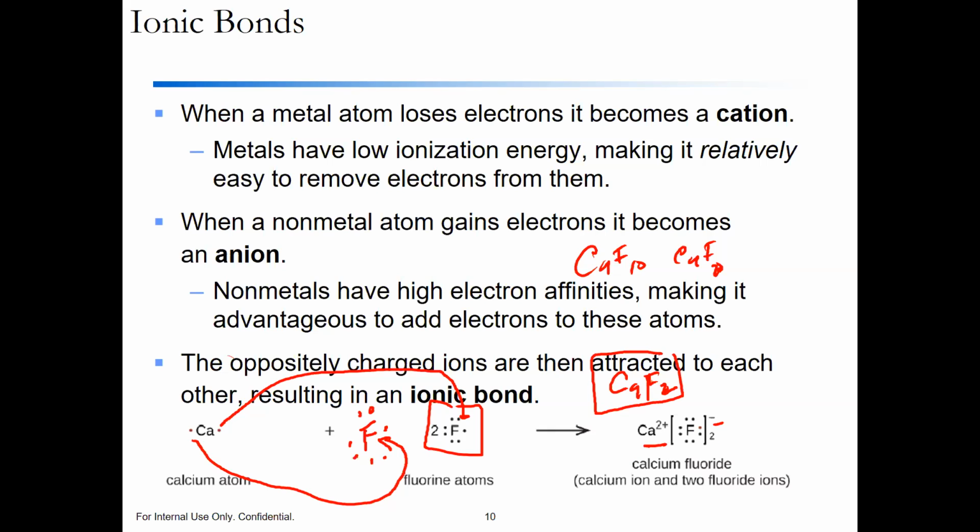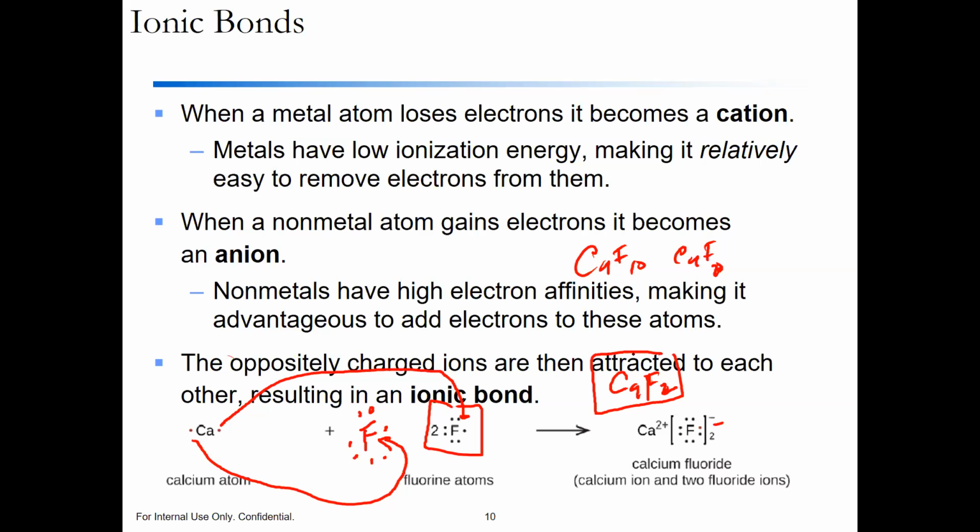It's because fluorine wants to gain 1 more electron. Why? Because it wants to look like a noble gas in terms of 8 valence electrons. Calcium, same thing. Instead of gaining electrons, it's going to have to lose electrons. How many electrons does it have to lose to become like a noble gas? It has to lose 2. So when you put calcium and fluorine together, calcium wants to lose 2 electrons, and fluorine wants to gain 1 each.